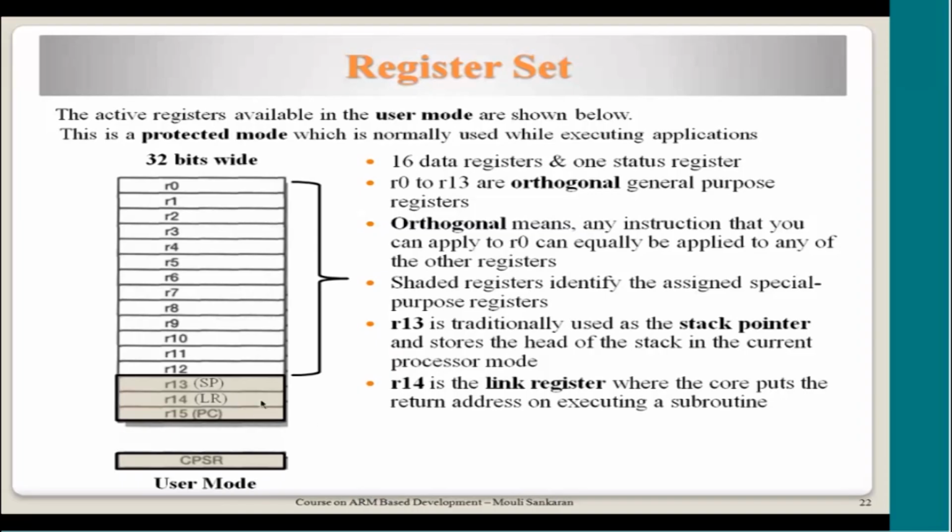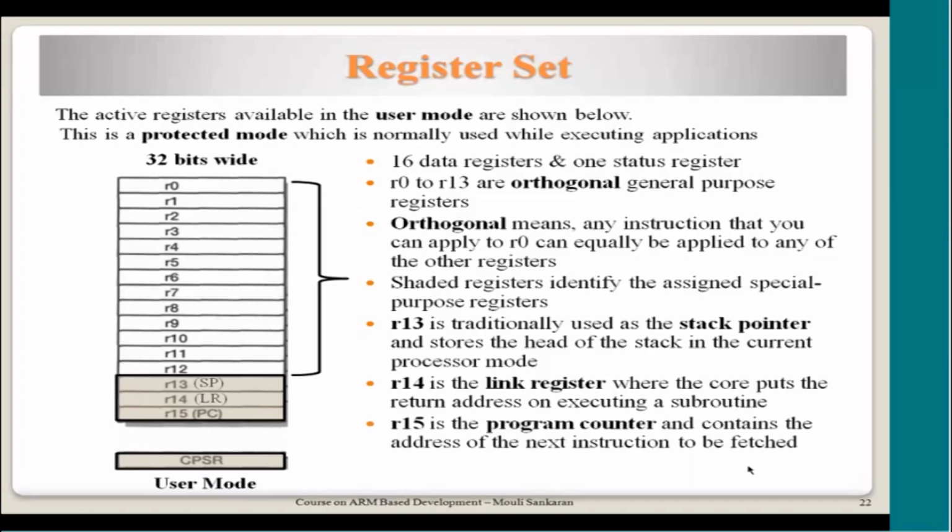So that return address is saved in the link register, so that on return from the call, the return address could be copied from R14 to the PC, so that the processor comes back to the instruction just after the subroutine call. Anyway, we will talk about this later. I just thought I would give you some overview of what it is.